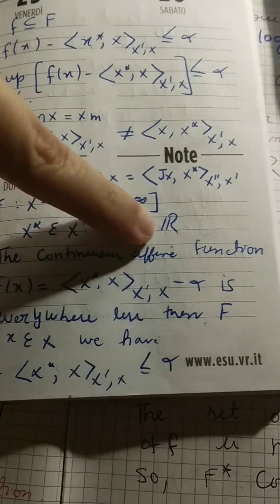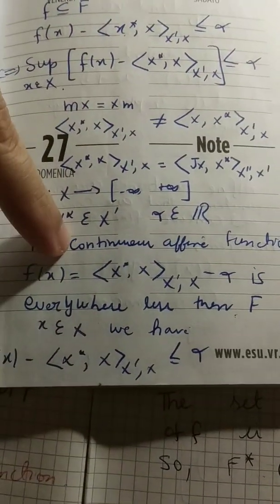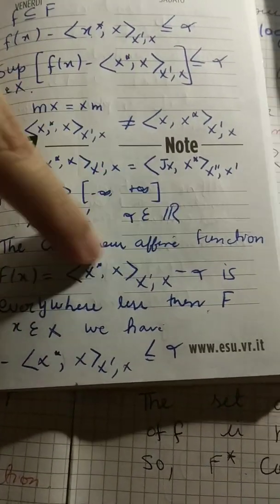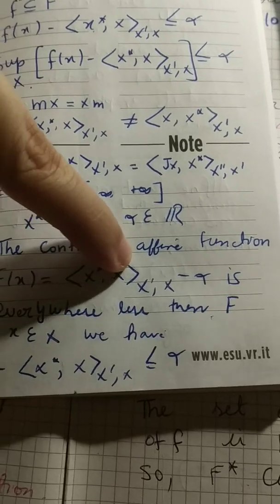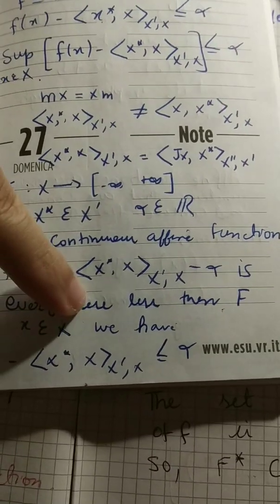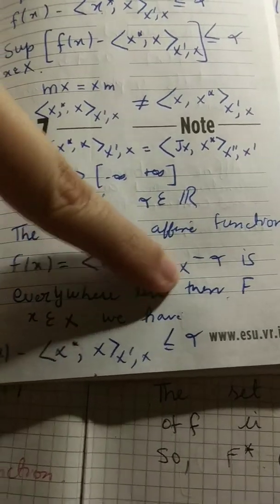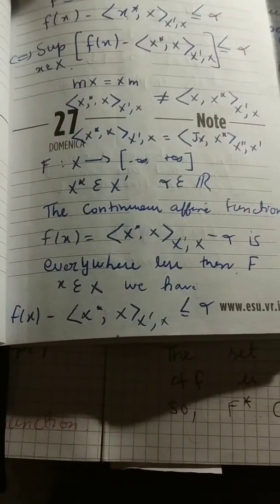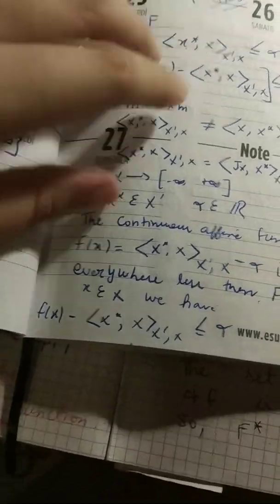The continuous affine function f(x) equal to the inner product of x star, x minus alpha is everywhere less than f, x belongs to X. We have this. I told you before how it came.